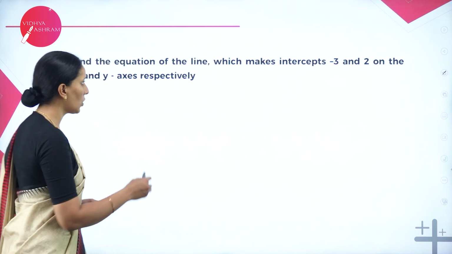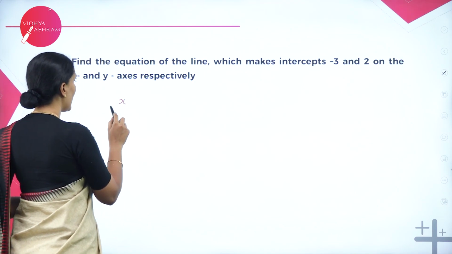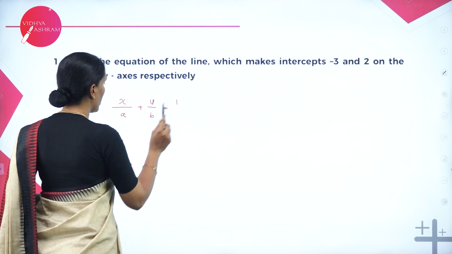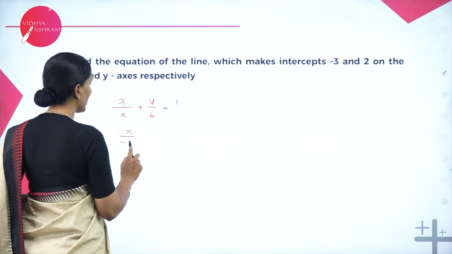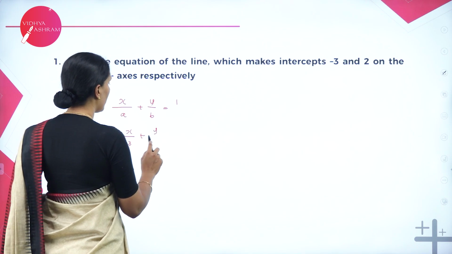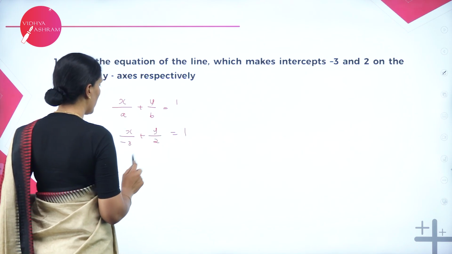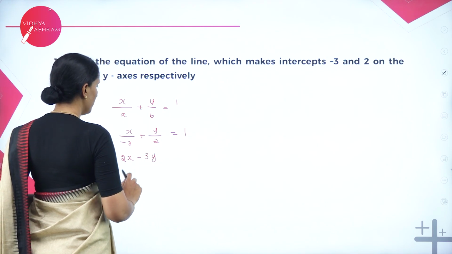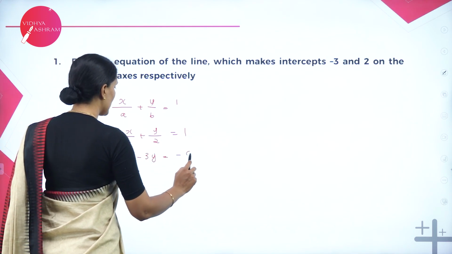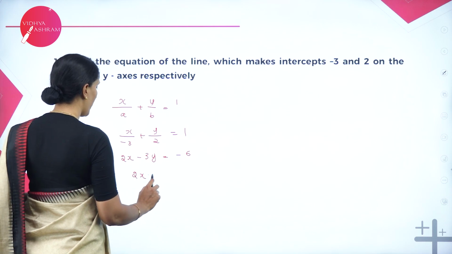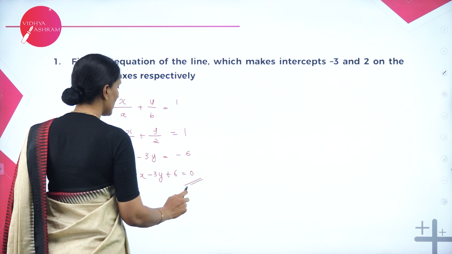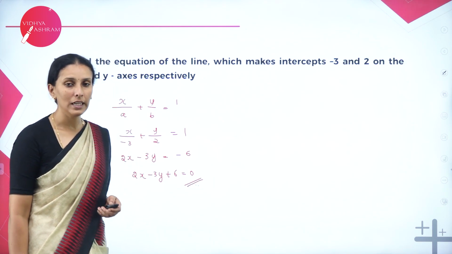Therefore the equation is given by x by a plus y by b is equal to 1, which is x by -3 plus y by 2 is equal to 1. So we'll get 2x minus 3y is equal to -6, or we can write it as 2x minus 3y plus 6 is equal to 0. So this is the required equation of the line.